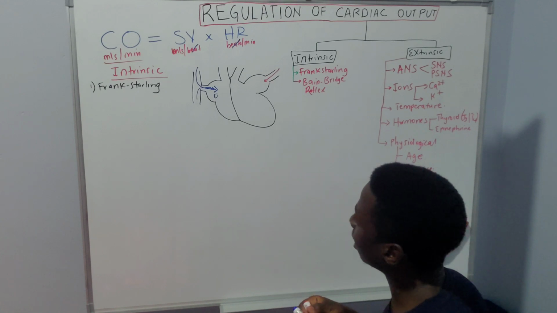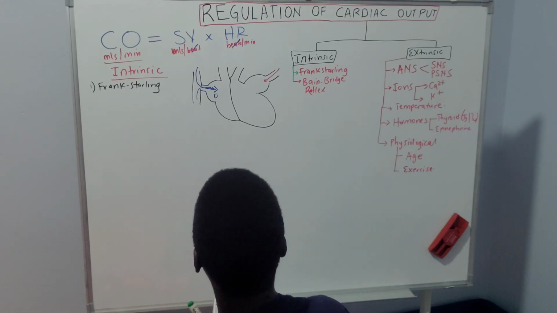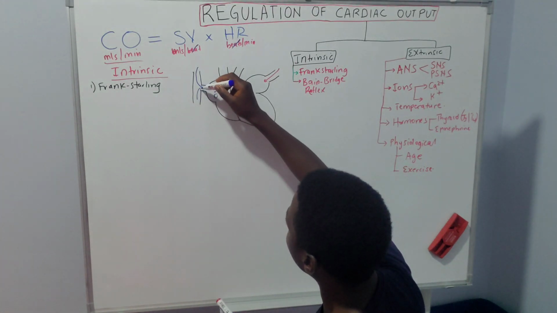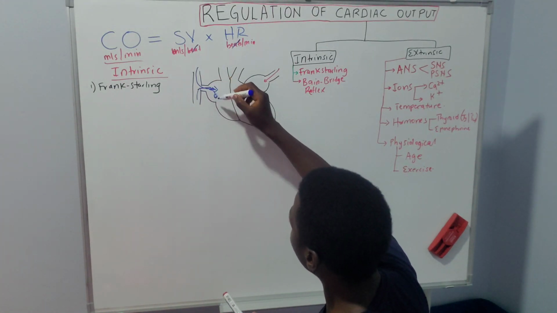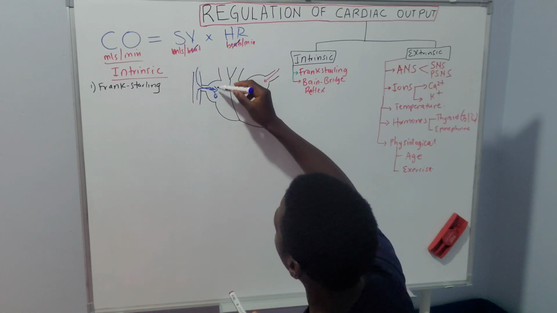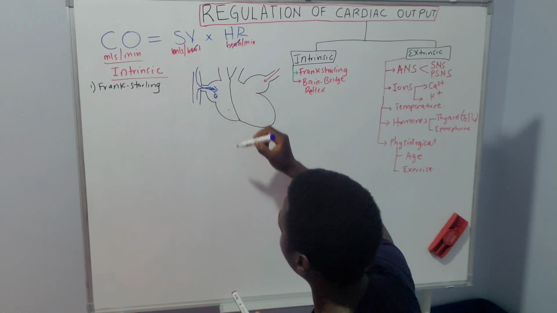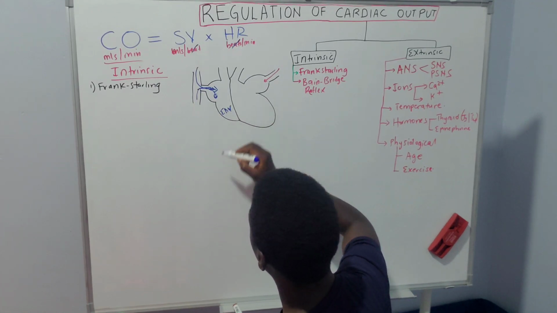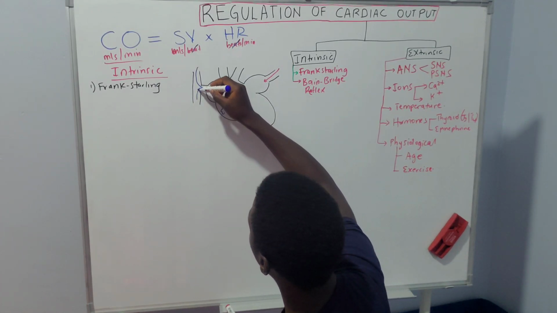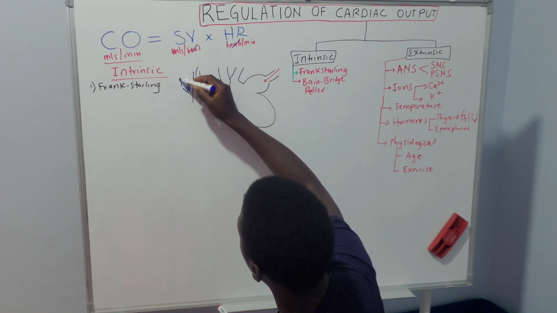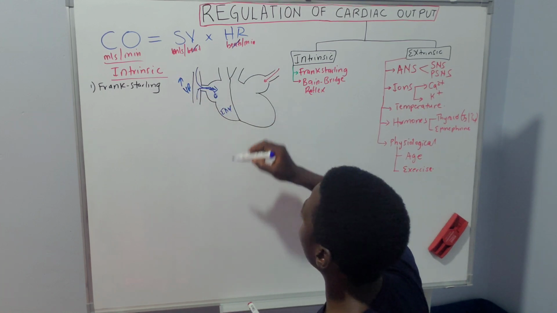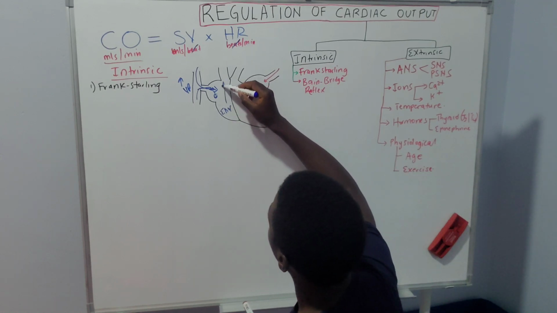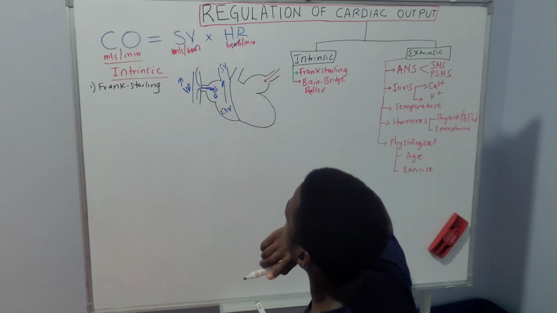So the venous return is actually affected by several things. Frank-Starling stresses the point that the amount of blood that comes into the heart will affect how much the ventricles will fill with. So it will affect the end diastolic volume. If the venous return is high, then the end diastolic volume also increases. When the end diastolic volume increases, definitely the stroke volume is also going to increase.